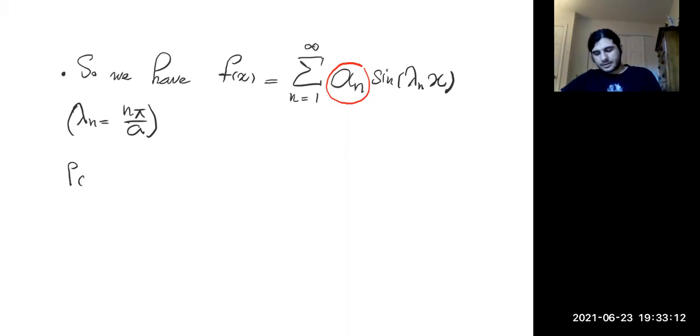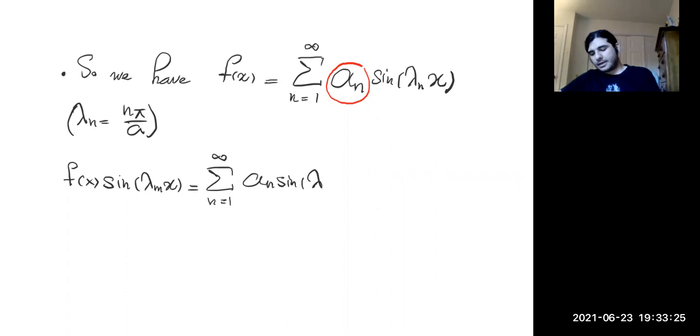So f(x) times sine of lambda m x would be equal to the sum from n equals 1 to infinity of an sine of lambda n x times sine of lambda m x. Now the second step would be to integrate both sides with respect to x, say from 0 to a.